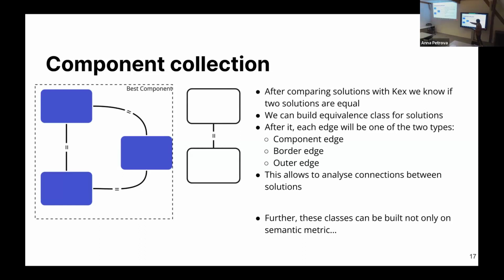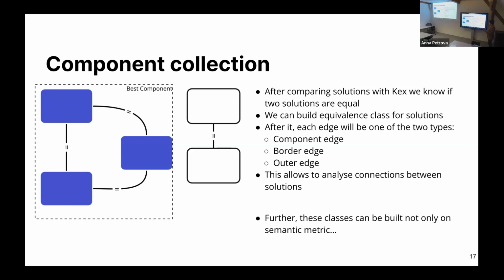If a group of solutions are equal pairwise, we say that this is one class of equivalence, and then we can split all edges into three categories. A component edge is an edge inside a component. A border edge is an edge between two components. And an outer edge is an edge that has no components at its ends, because if there is only one solution in the class, it's not a class, it's just one solution.